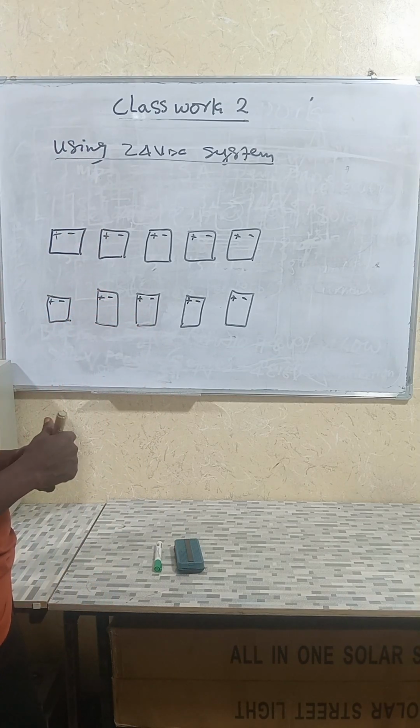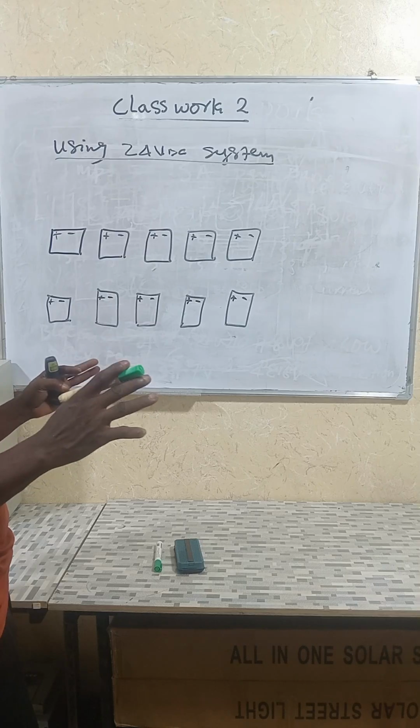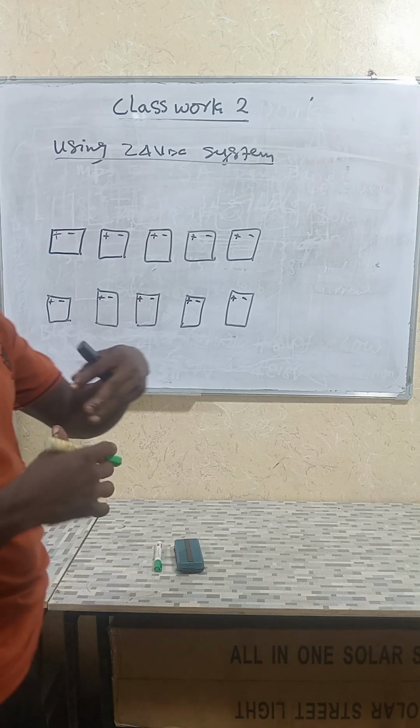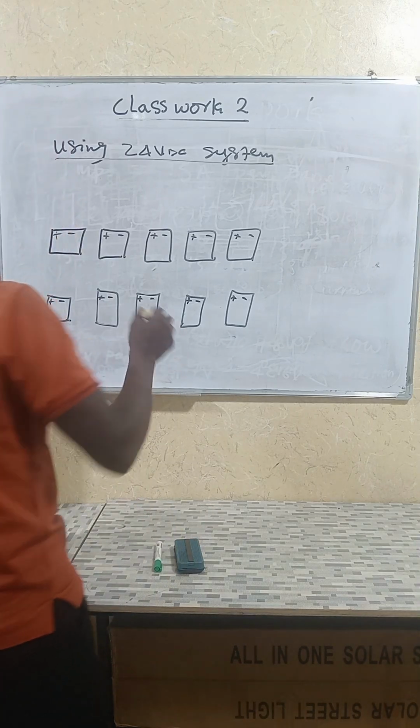Since the 24 volt can accommodate up to that 39 volts, we'll take it straight.